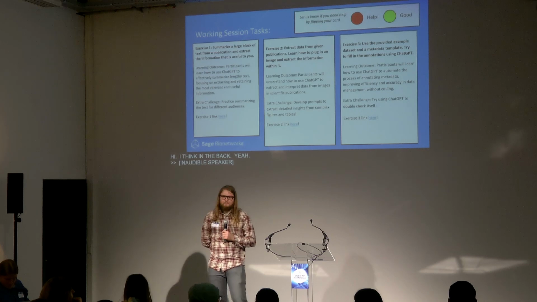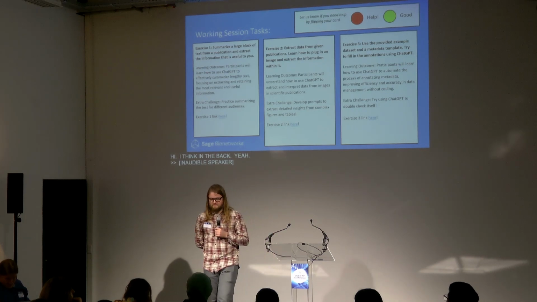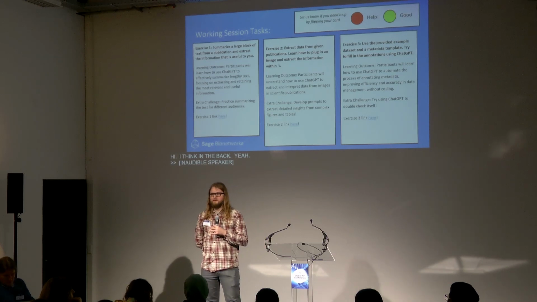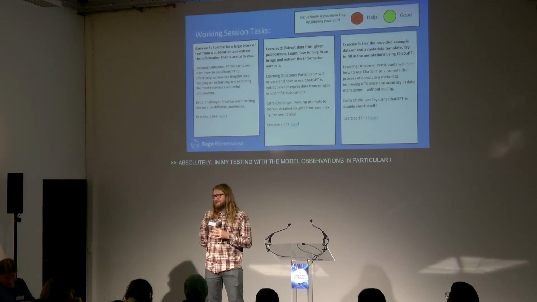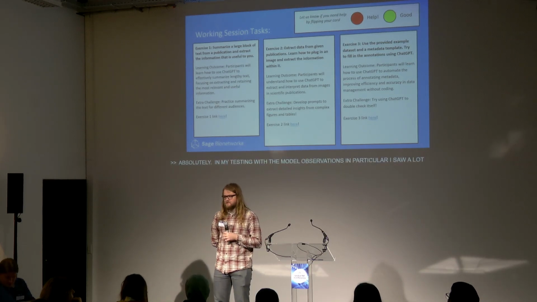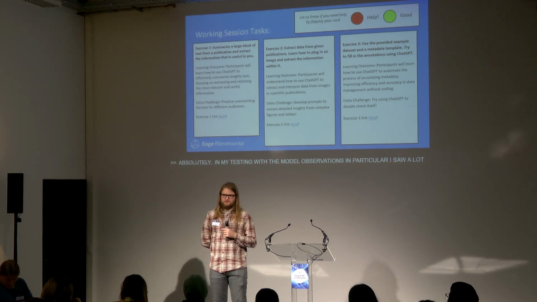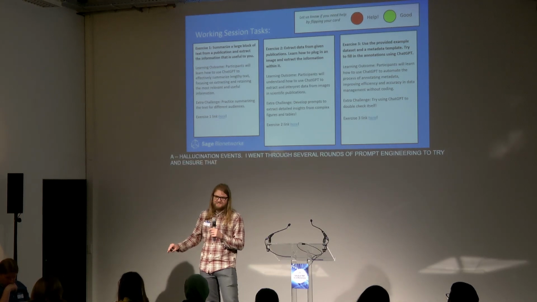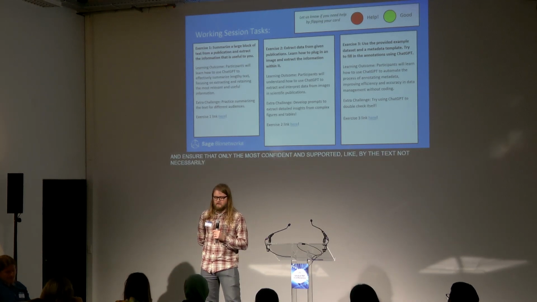Yeah, absolutely. In my testing with the model observations in particular, I saw a lot of hallucinated or unconvincing observations that were extracted. And so I went through several rounds of prompt engineering to try and ensure that only the most confident observations, supported by the text, not necessarily by the evidence in the text, were extracted.